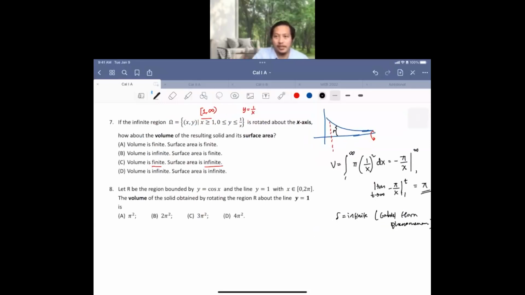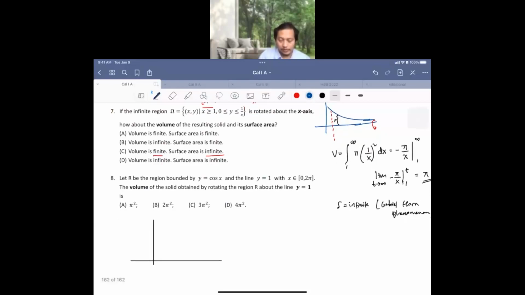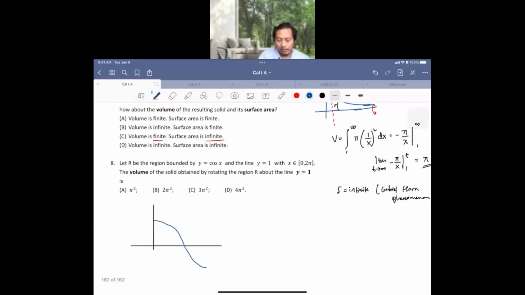And perhaps number 8. Number 8 is we have a cosine x. It doesn't really have a difficulty here. So cosine x, we could just draw the cosine as that, bounded with the line y equal 1.